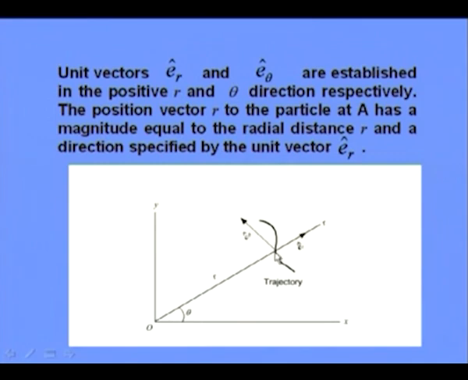So although at this point we have two unit vectors er and e theta, when we express the position vector of the particle, it is equal to r times er. Theta terms don't come here at this stage. So it is very easy to sometimes specify its position by just one quantity. Otherwise, we have to specify x, y both. This is shown here.